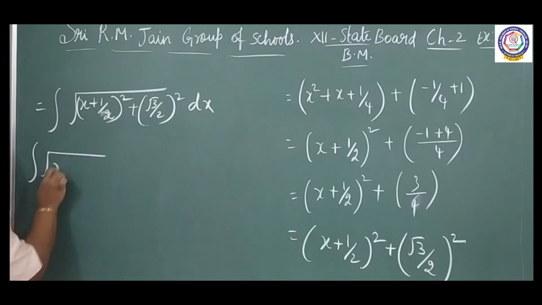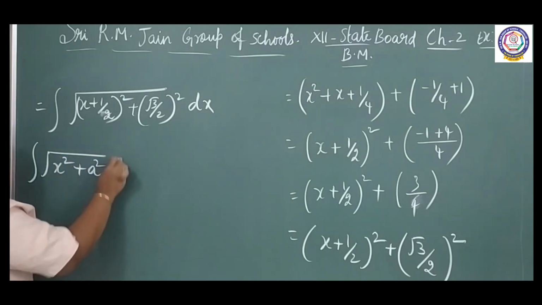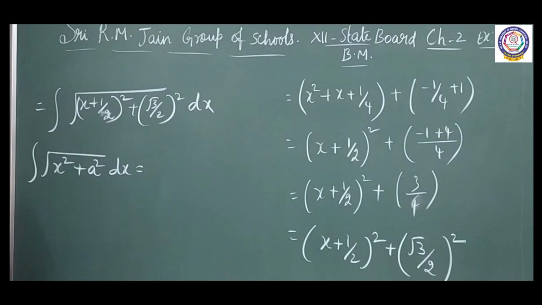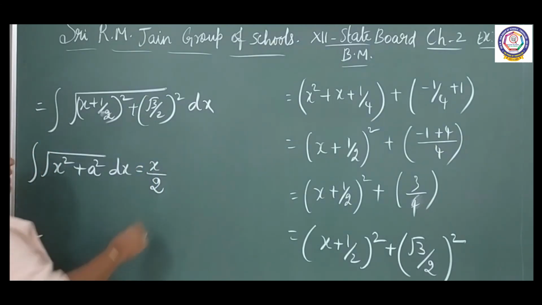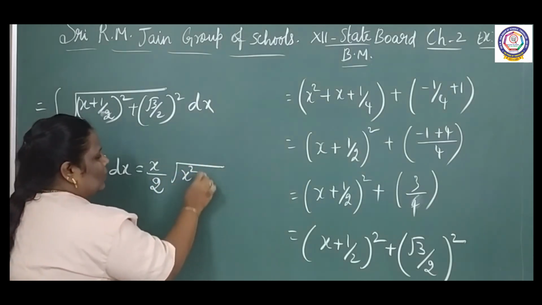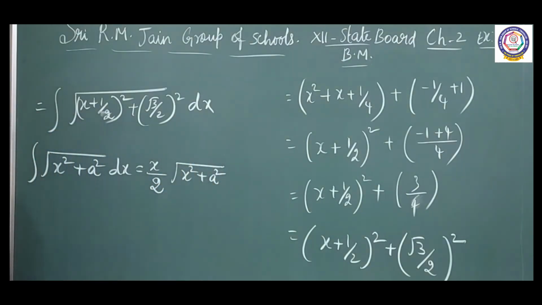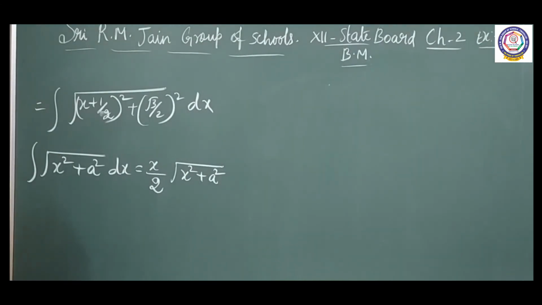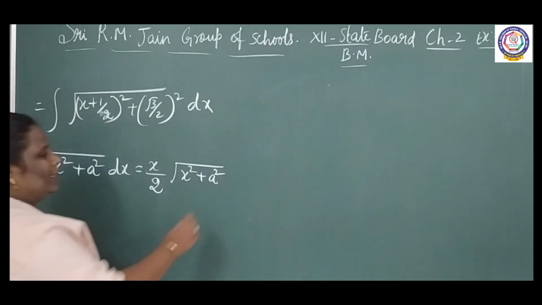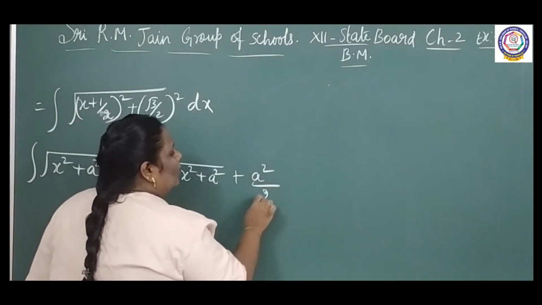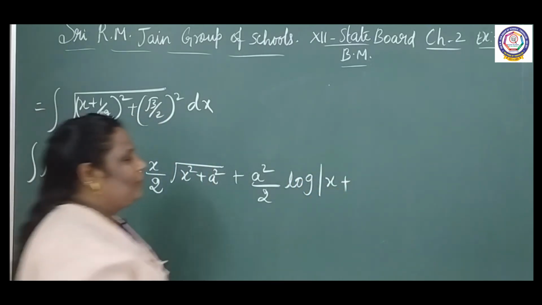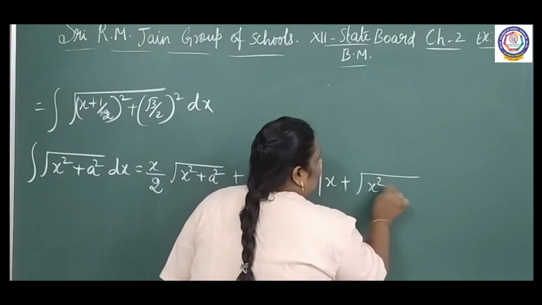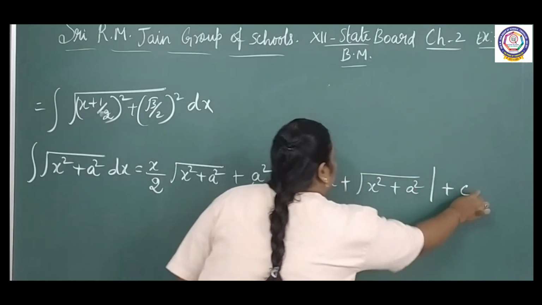Integral root of x square plus a square into dx equal to x by 2 root of x square plus a square plus a square by 2 log of modulus of x plus root of x square plus a square plus c.